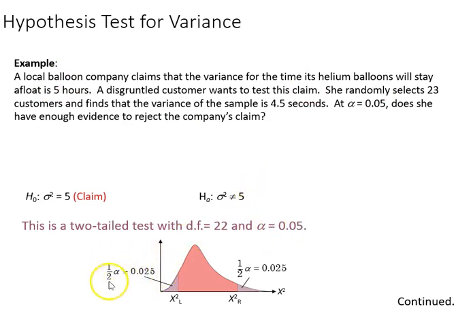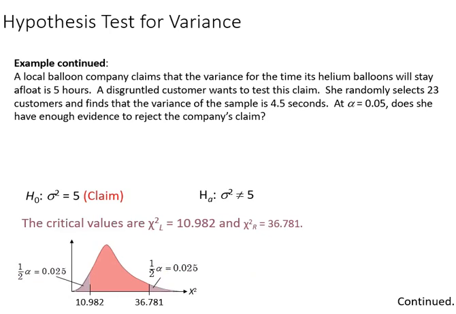So we'll use the appropriate formula for finding our cutoff values. And based on our chi-square distribution table, and using these formulas for the right and the left critical values, we find, at the 0.025 rejection region, 10.982 and 36.781 as the cutoff values.